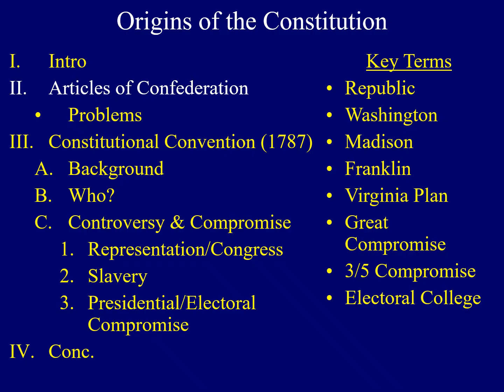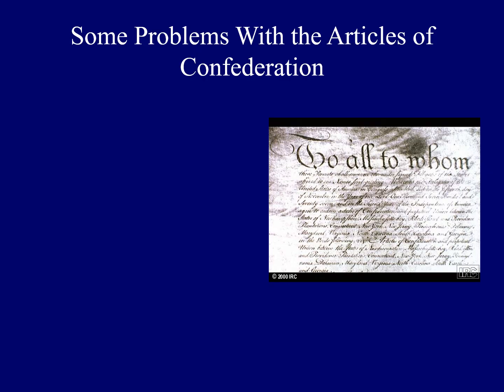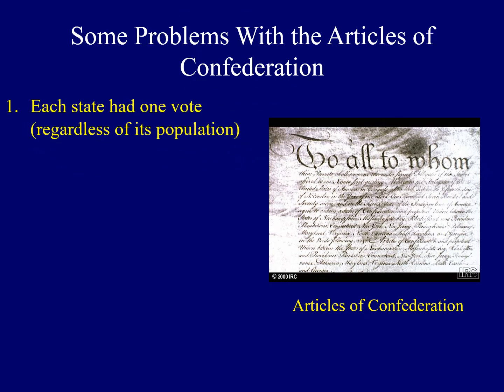We'll explore some of the problems associated with the Articles next. While the Articles provided enough unity for the colonies to defeat the mighty British Empire, there were some problems associated with it. First of all, each state, when it came to passing legislation, had one vote, regardless of its size or its population. Let me show you on the next slide.